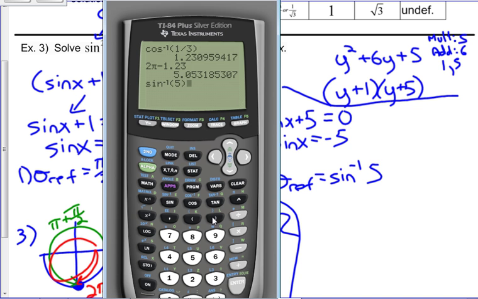Let's see what it thinks of that. Oh, it does not like that. The thing is, you can't have a sine of 5. If that meant what it does with regular triangles, with right-angled triangles, that would be something with a hypotenuse of 1 and an opposite side of 5. You couldn't draw a triangle like this. This doesn't give any solutions.